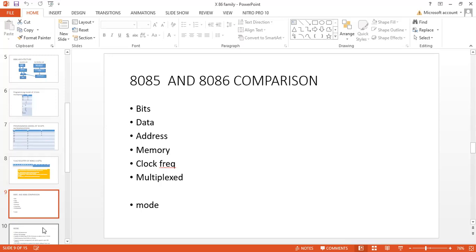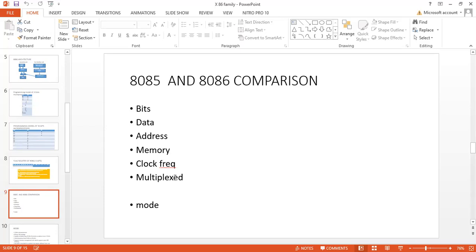This is your 16-bit microprocessor. 8085 can process 8-bit data at a time, whereas 8086 can process 16-bit data. 8085 has a 16-bit address, so 2 raised to 16 combinations, that is 64 kilobytes of memory, is possible. 8086 has a 20-bit address, so 2 raised to 20, that is 1 MB memory. Then clock frequency for 8085 is up to 5 megahertz. Here it is 6 to 10 megahertz.